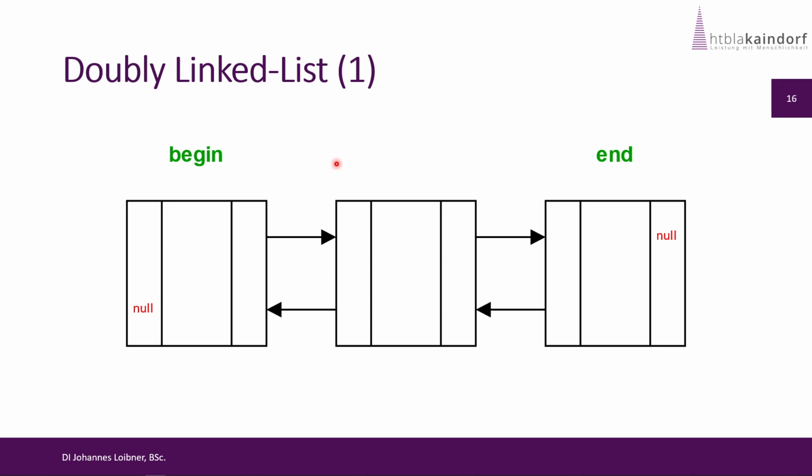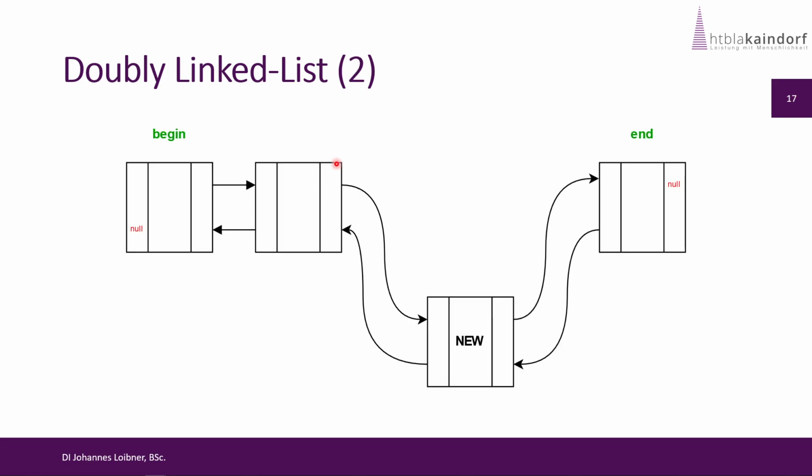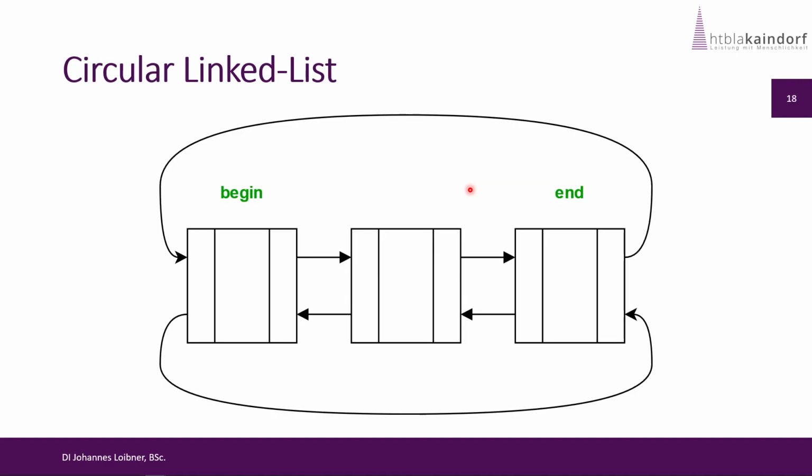When inserting something in a doubly linked list, we have to change 4 references. If we want to insert or delete something, it's the same procedure as with the single linked list. The difference just is that we have to change 4 references, 4 pointers here. There is one more type of a linked list, and that's a circular linked list. With the circular linked list, there is just one addition: the last element has a successor, and the successor is the first element, and the predecessor of the first element is the last element.